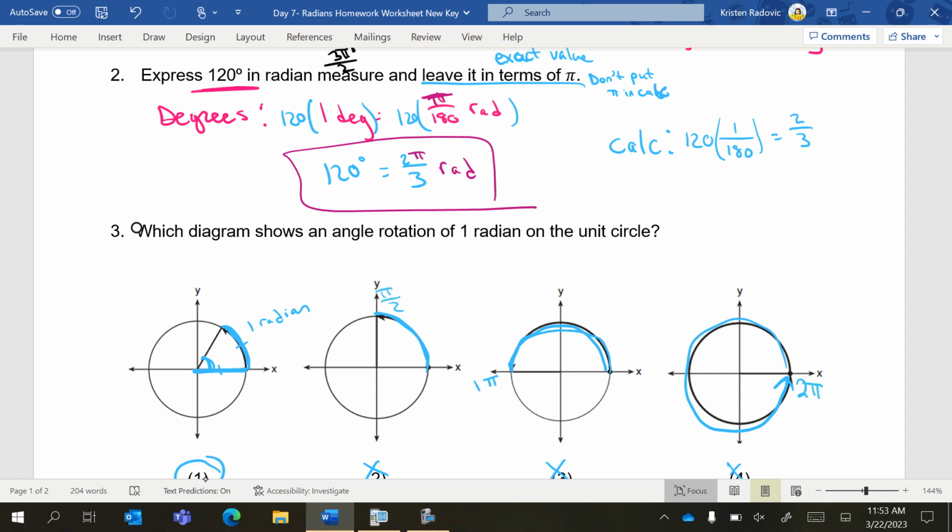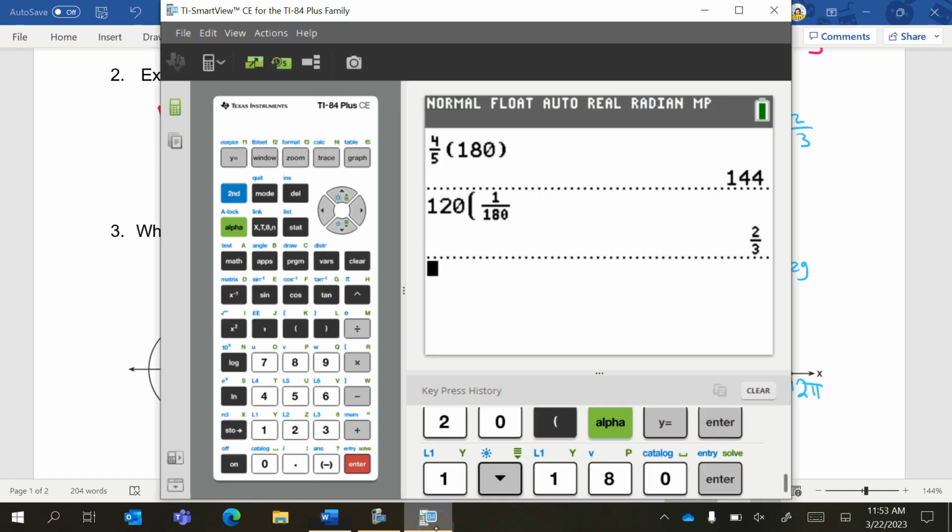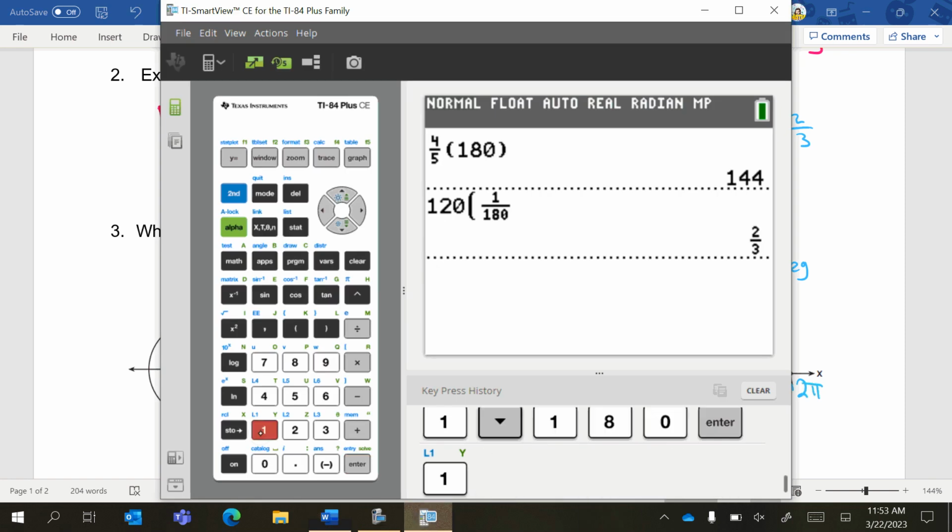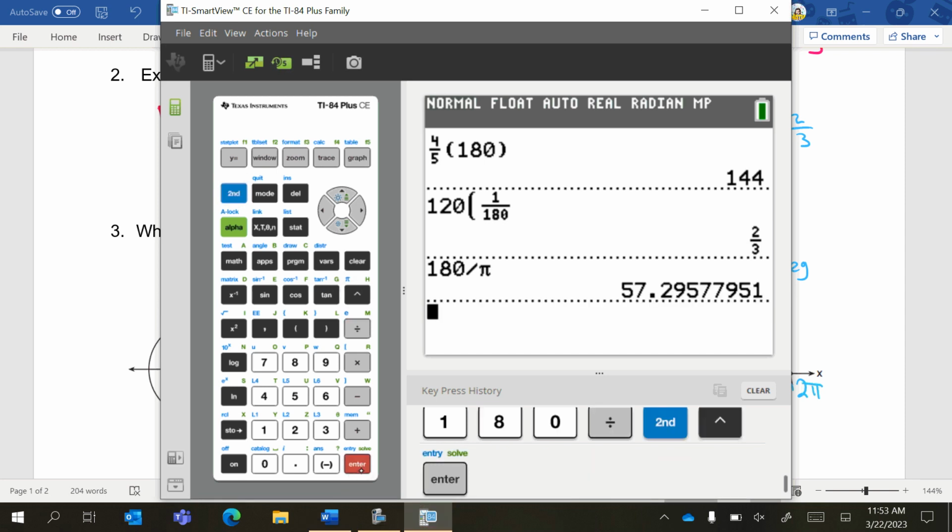But if you don't like that explanation, look at your reference sheet formula. For radians, it says 1 radian is equal to 180 over pi degrees. This is 1 radian. The question is, what is 180 over pi? I don't know, so you go to your calculator, and 180 divided by pi is 57.